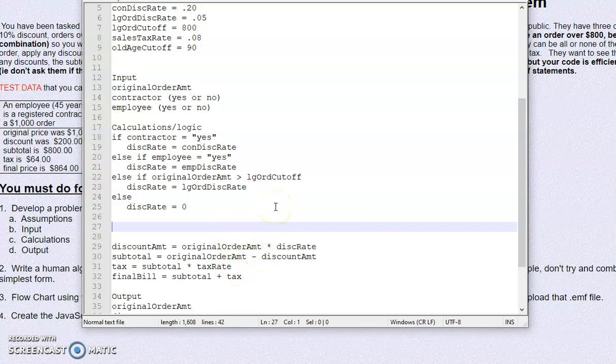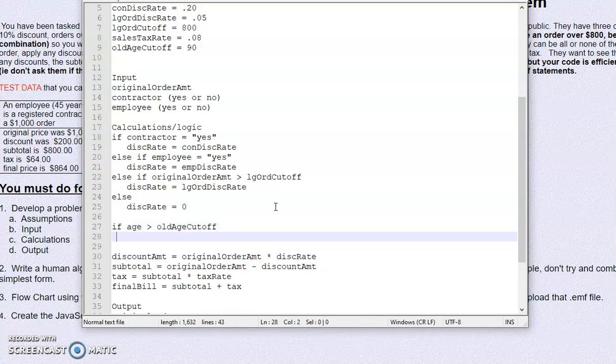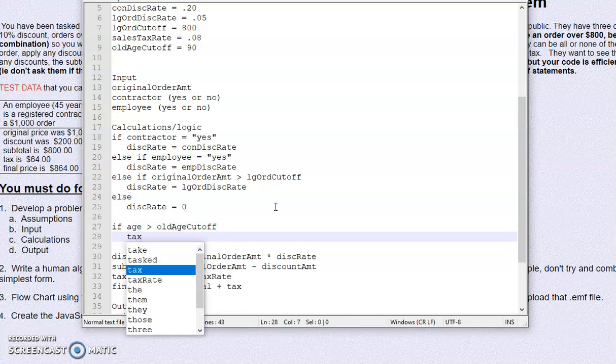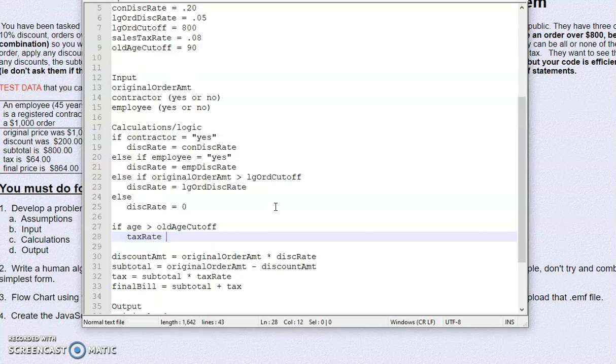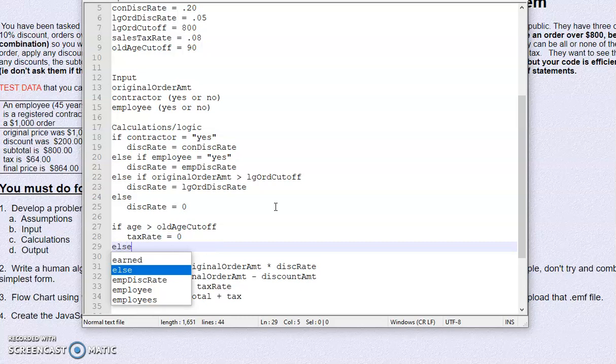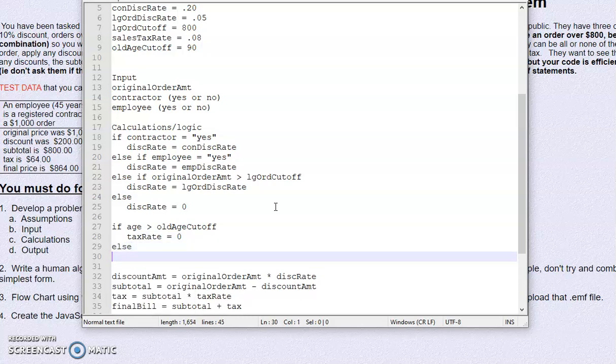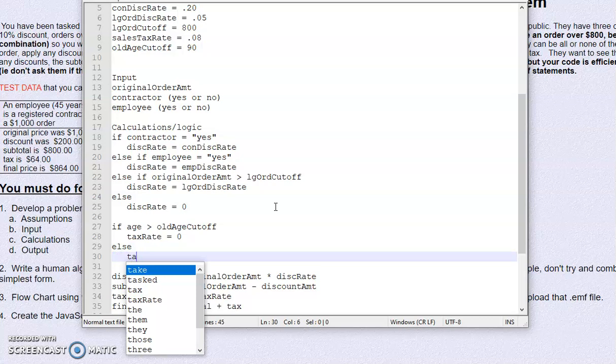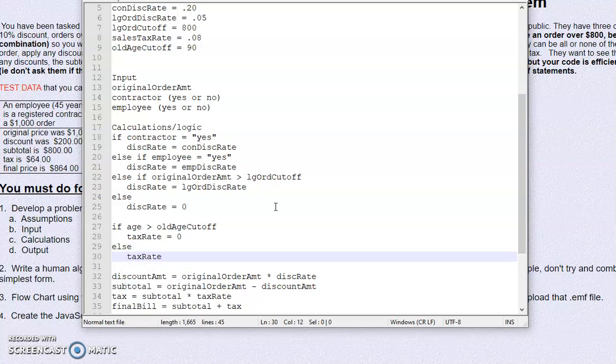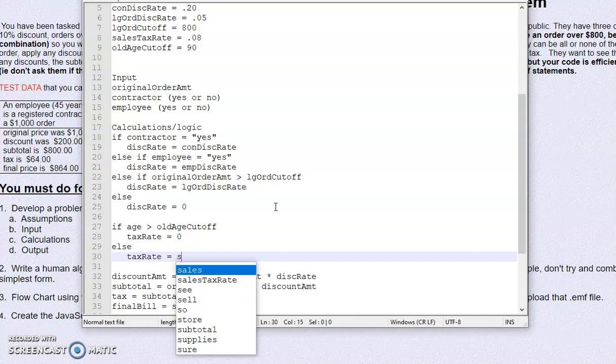So if age is greater than the old age cutoff, then tax rate equals 0. Else tax rate equals sales tax rate.